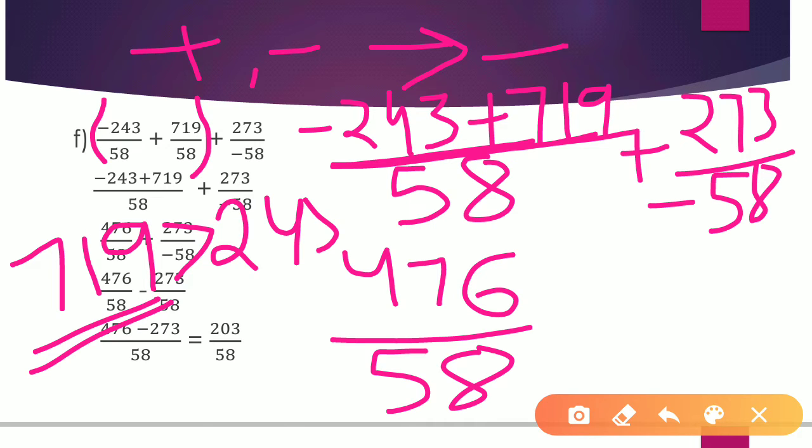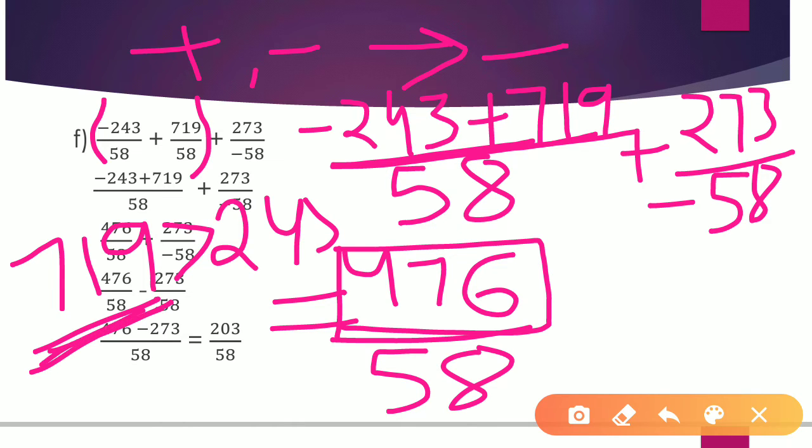That's why we are taking here positive sign. Minus 243 plus 719, plus minus will always become minus. That's why we have subtracted here, and as we can see 719 is greater than 243 and the sign of 719 is positive. That's why we are writing here 476 with the positive sign.